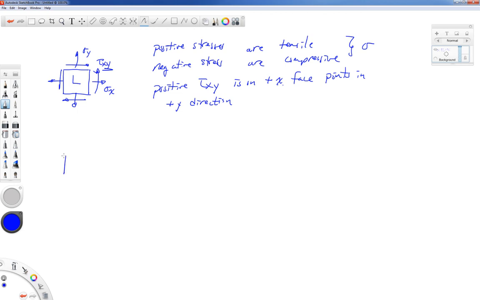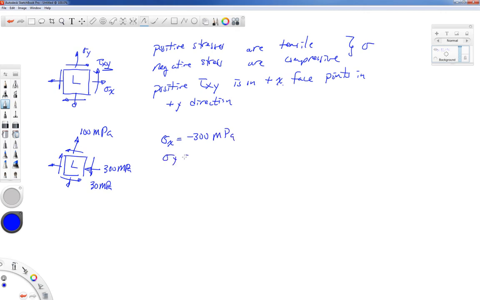If I had a state of stress that looked like this, then I would use sigma x equal to minus 300 MPa in my Hooke's law equations.